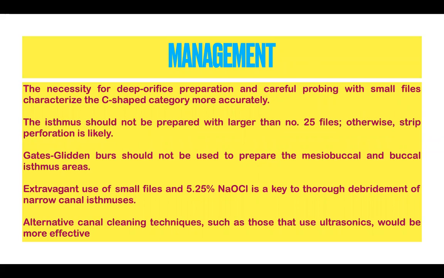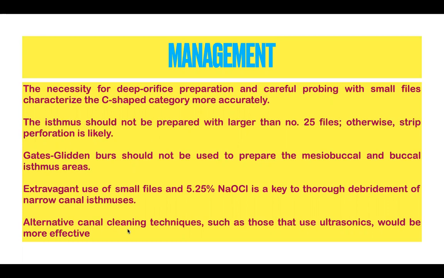The isthmus should not be prepared with files larger than number 25, otherwise strip perforation is likely to occur. Gates Glidden burr should not be used to prepare the mesiobuccal and buccal isthmus area. Extravagant use of small files and 5.25% sodium hypochlorite is key to thorough debridement of narrow canal isthmuses.